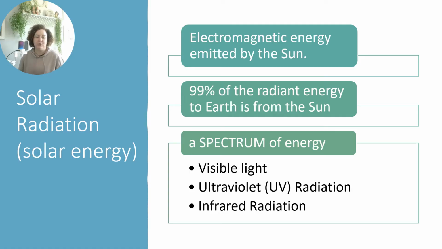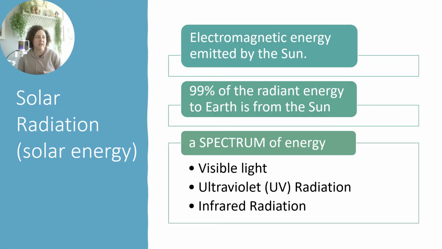So solar radiation, when we talk about solar radiation, we are talking about the electromagnetic energy that is emitted from the sun. So the sun, which is way out there. And we have to understand that the earth, like 99% of the radiant energy from the sun is coming toward the earth.